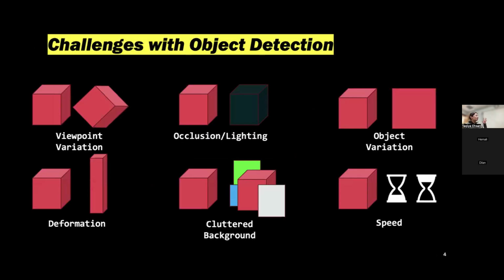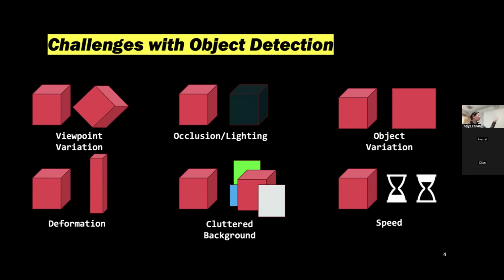Now, there are different challenges with object detection. Of course, an image is just two-dimensional, so you're only giving two-dimensional information to your model. In the real world, everything is three-dimensional. So if you change the variation of the camera, the model will learn different things.